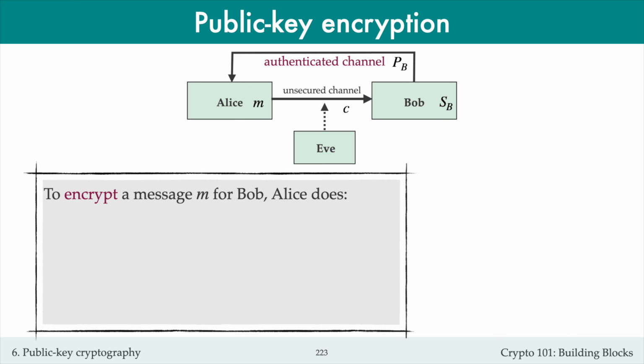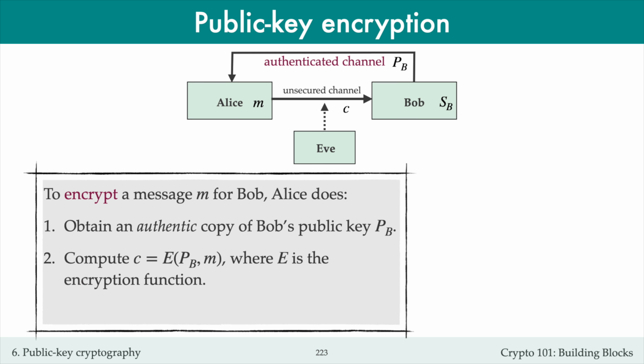Suppose now that Alice wishes to send Bob a secret message M using public key encryption. Alice first obtains an authentic copy of Bob's public key PB. This is done somehow by communicating over an authenticated but non-secret channel.